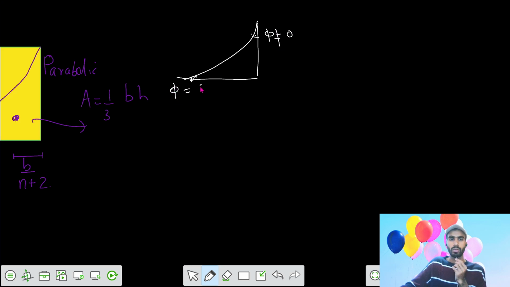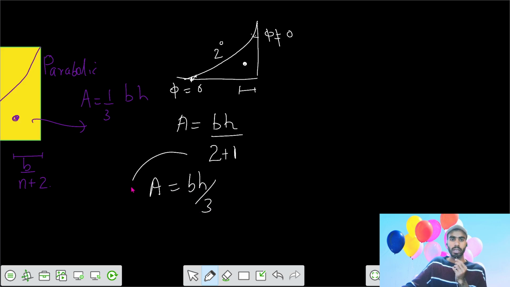Sorry, if it is your 2 degree curve, then the area equals bh by n plus 1, so the area becomes bh by 3.